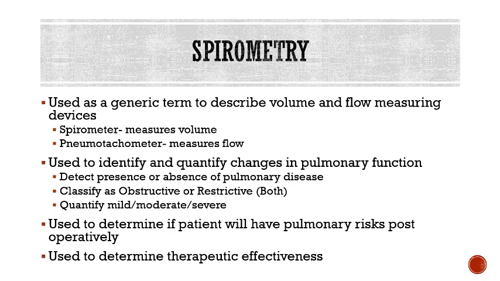And this is all going to help treat that patient, come up with a care plan for that patient, recommend medications that might help the quality of life with that patient. It's also used to determine if a patient will have a high risk of pulmonary complications if they have a surgery. And it also can be used to determine therapeutic effectiveness.